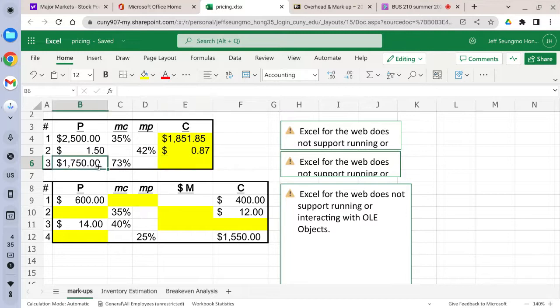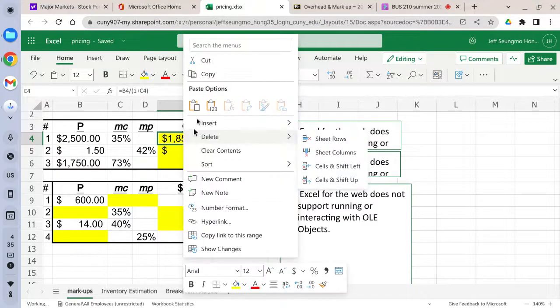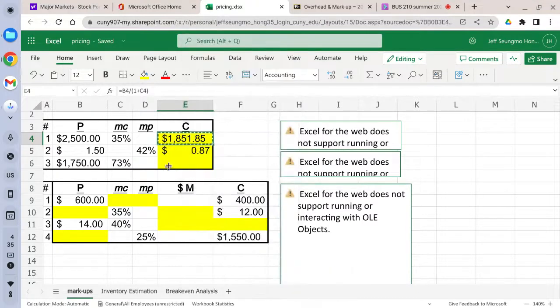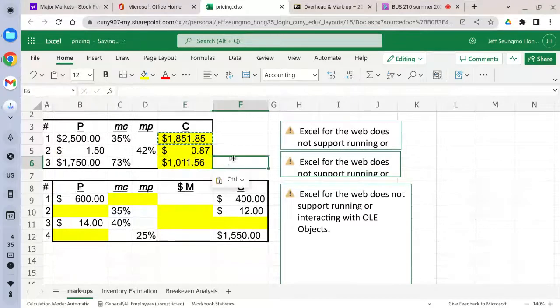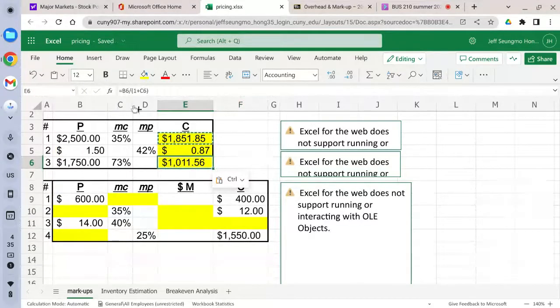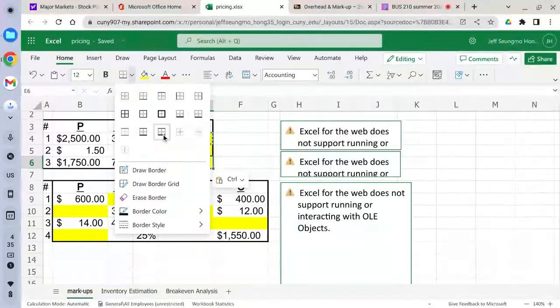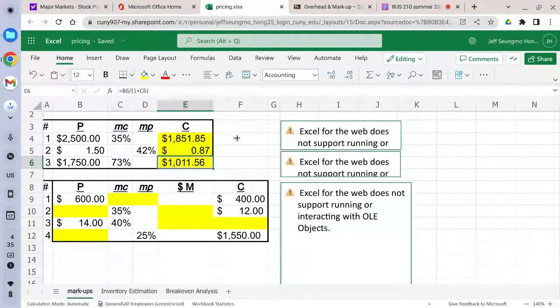And this one, again, you don't need to do the whole thing all over again. You can just copy and paste. Okay.